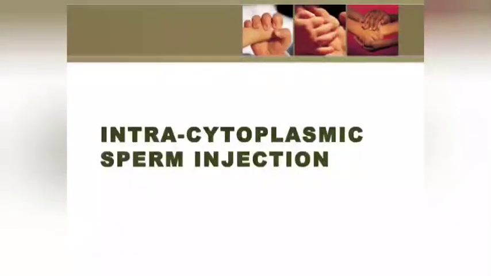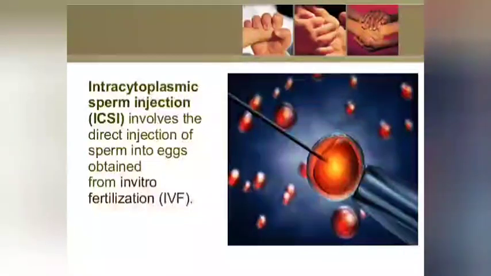Next procedure is called intracytoplasmic sperm injection, that is ICSI. This method is highly technical, because this process involves the direct injection of the sperm into the egg obtained from in vitro fertilization.